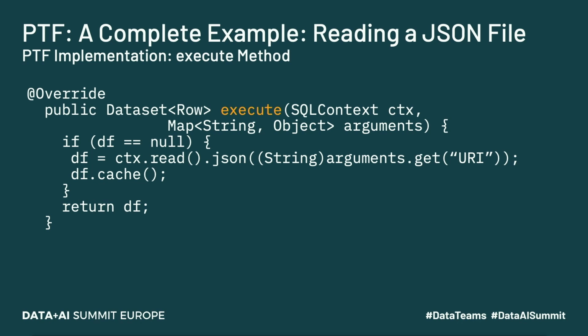If we have done that, then we don't have to do it. We just return df in that case. Therefore, df is the vehicle for parsing the JSON file and converting it to a table.